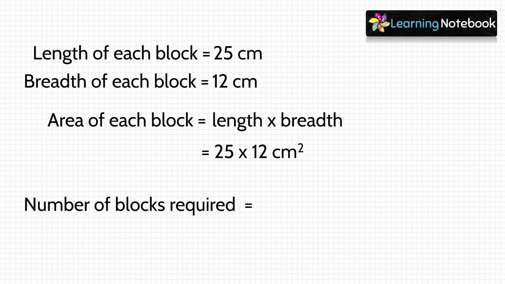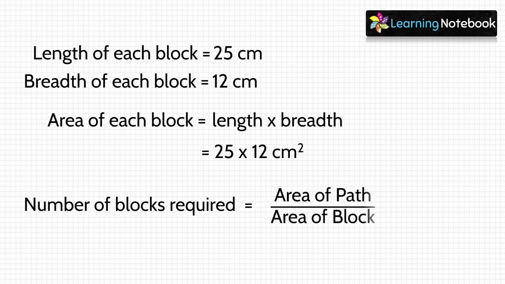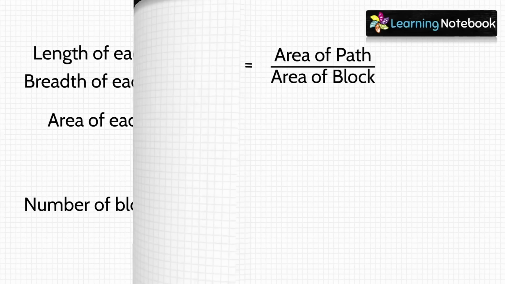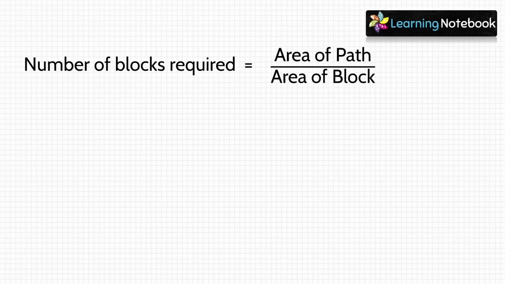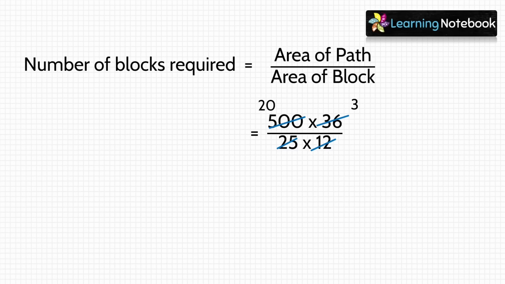So to find number of blocks required, we will divide area of path by area of one block. So let's put the values here and we get 500 into 36 divided by 25 into 12.